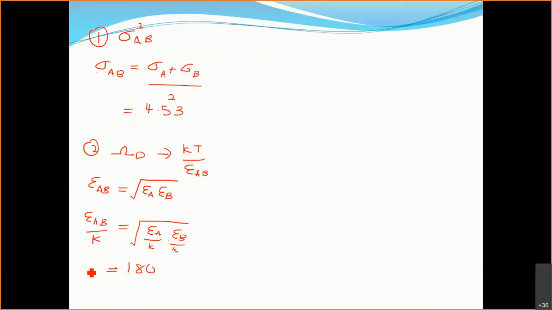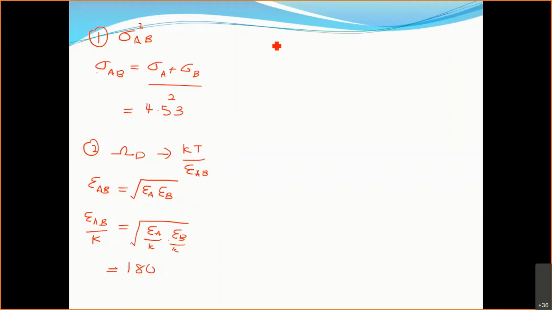Okay, so this is the value of epsilon AB over K. Now, in order for us to find the value of omega D, we need to find the value of KT over epsilon AB. We have found the value of epsilon AB over K. So we need to inverse the value and times the value of T.